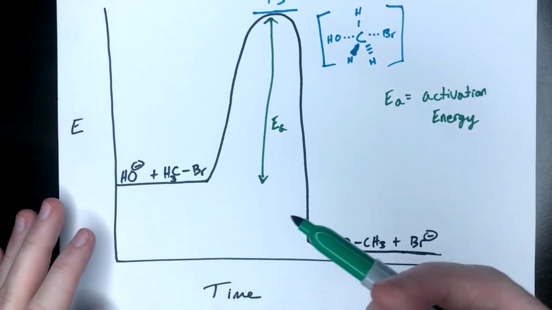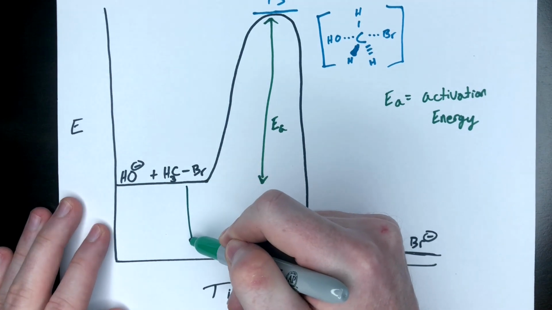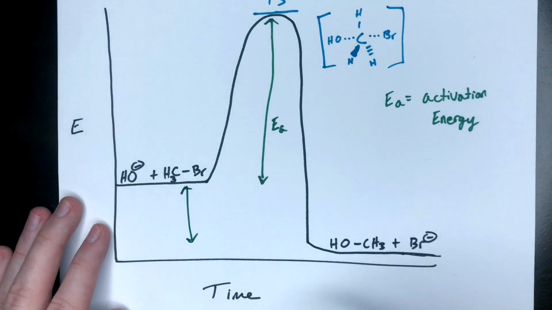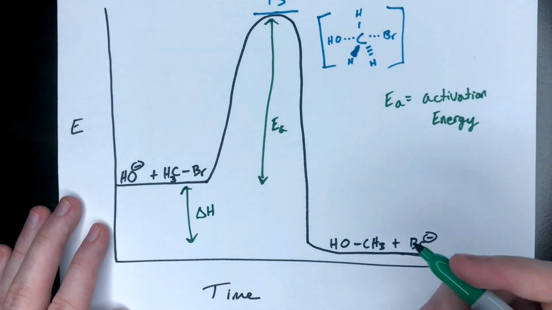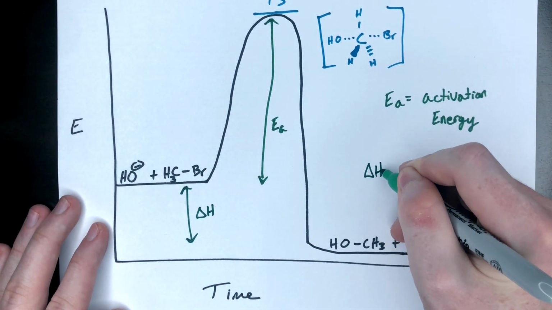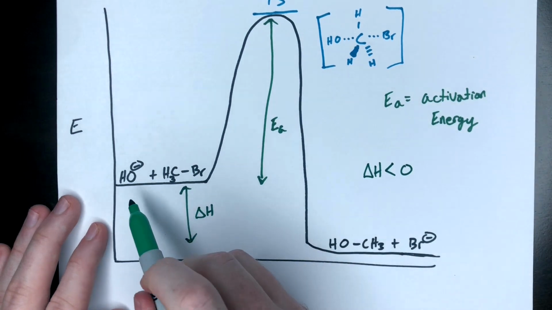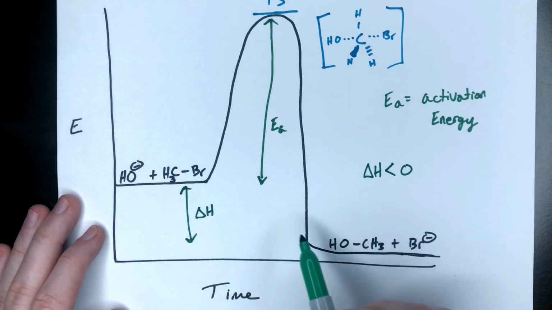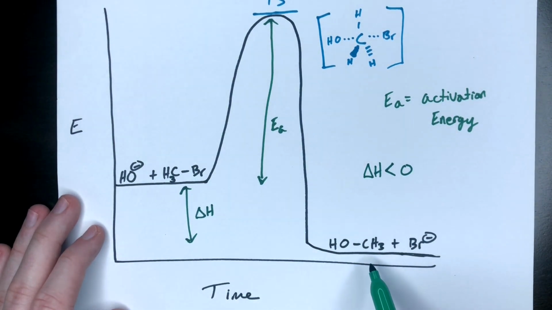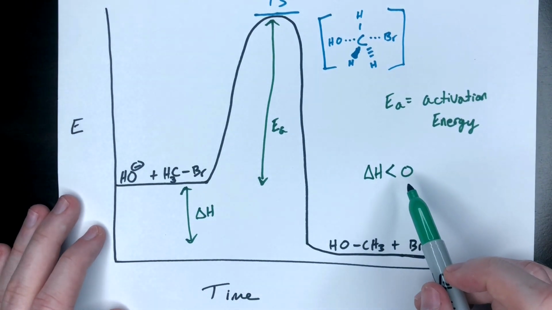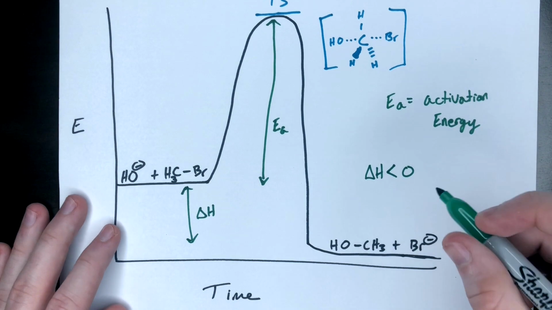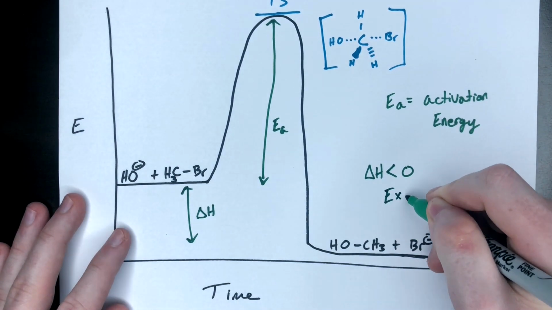And the last thing to point out is our difference in energies of the reactants and the products, which is our change in enthalpy, or delta H. And in this case, delta H is less than 0 because the reactants' energy is higher than the products'. So our final state minus our initial state is going to be negative, which is telling us that this is an exothermic reaction.